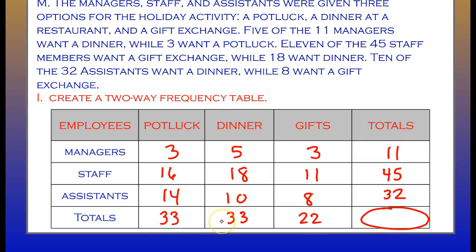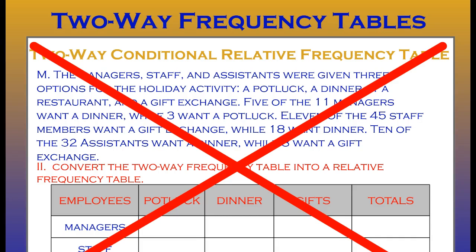So 33 plus 33 is 66, plus 22 is 88. Then 45 plus 32 is 77, 77 plus 11 is 88. So this is your two-way frequency table. We are not going to do the second portion to that, and that will conclude the notes.